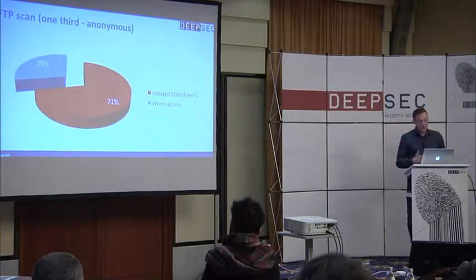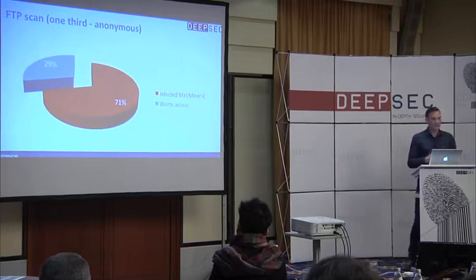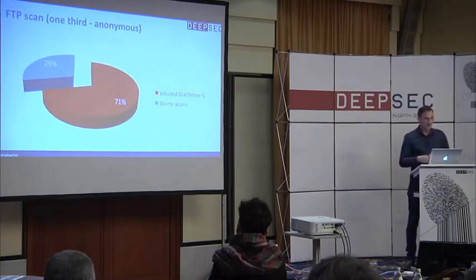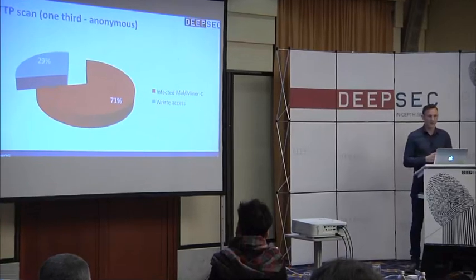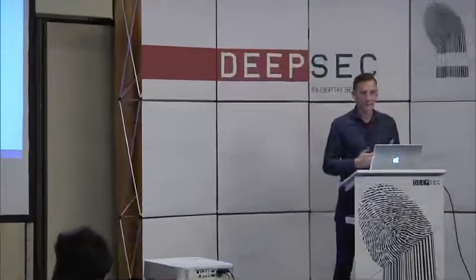But what is the state of the devices where you have write access? In this story, we were tracking the malminer C, and we saw that 71% of the devices where you have write access are already infected, already hosting this malware.